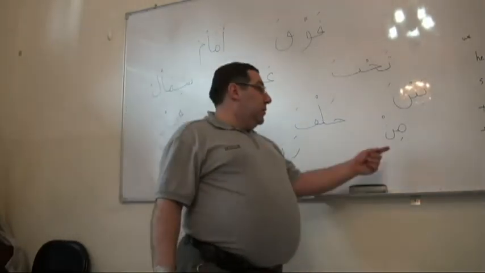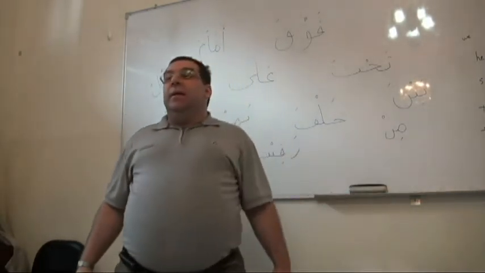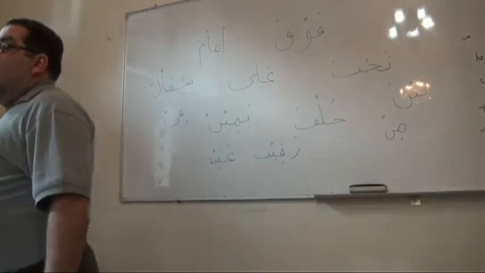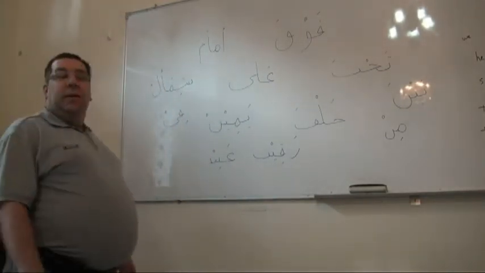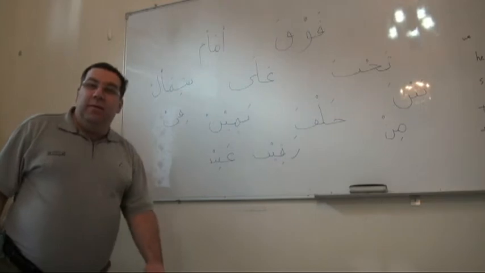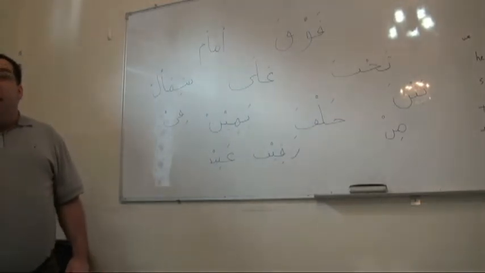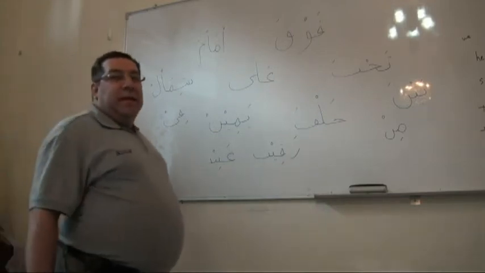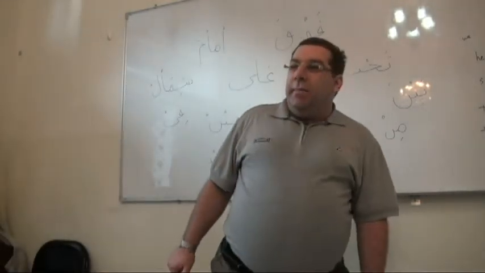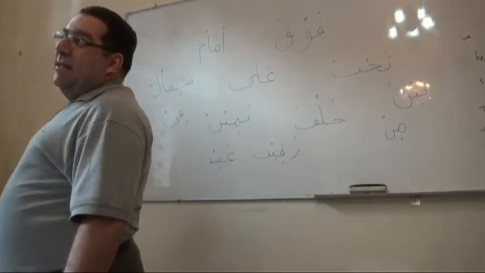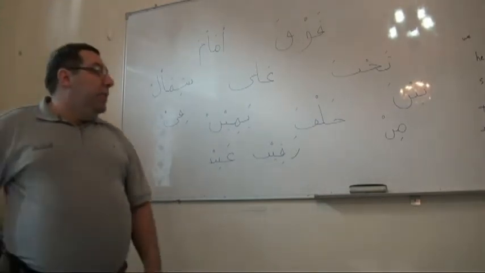Then Min. Min means from. It is the same as Mina. Remember? We say Mina, Minal Yaban. Remember, Min and Mina, it is the same. And we have another one.